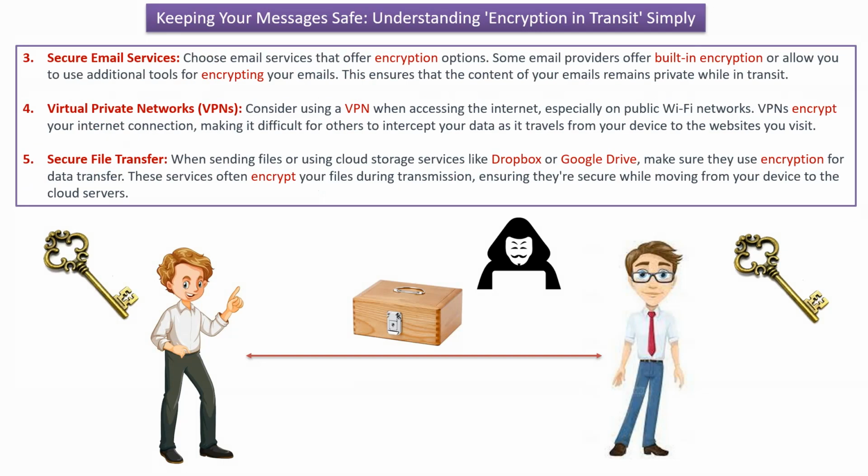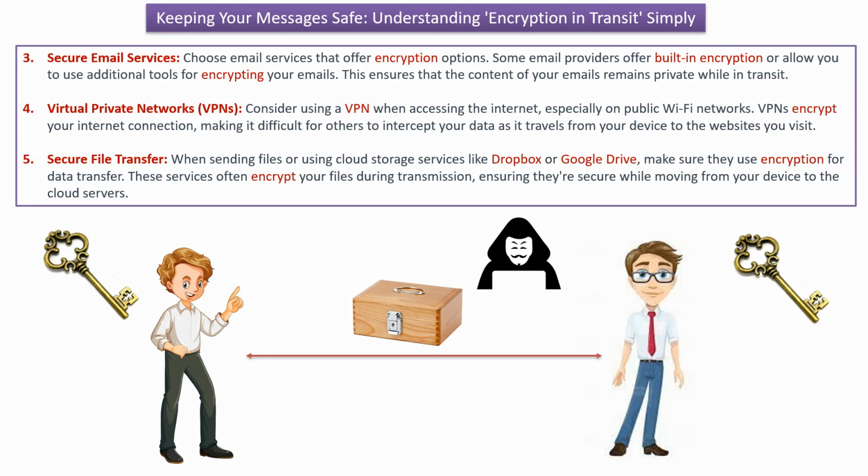The third point is secure email services. Choose email services that offer an encryption option. Some email providers offer built-in encryption or allow you to use additional tools for encrypting your emails. This ensures the content of your emails remains private while in transit.